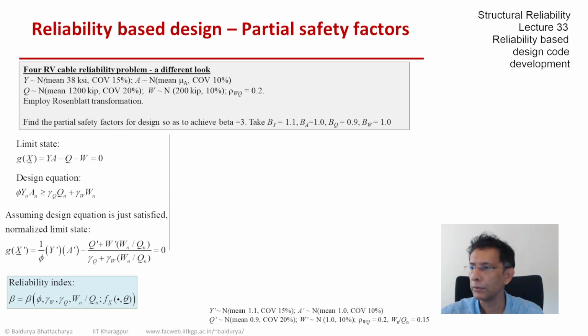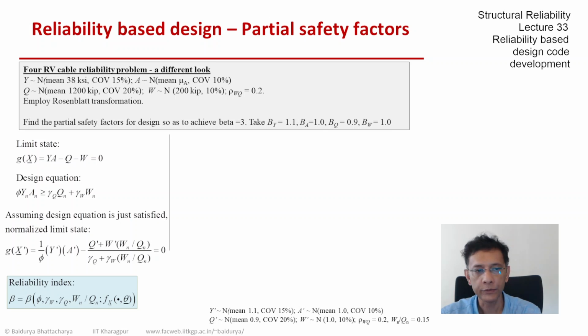So by assuming that the design equation is just satisfied, we normalize the limit state with both sides of the design equation, and we obtain a normalized or non-dimensional limit state equation in terms of the basic variables X prime. So we could find PF as P G(X prime) less than 0.